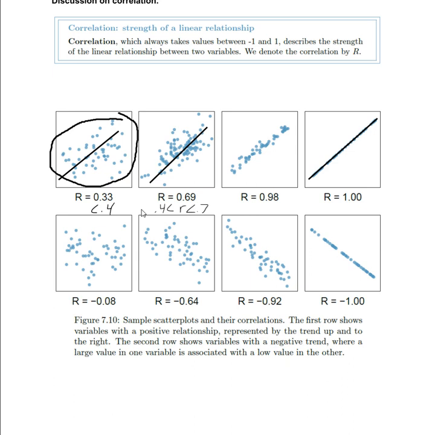It's moderate, it's good. But if it's above 0.7, like in this case, 0.98, then we say it is a strong correlation. So this is a weak correlation, this is a good correlation, and this is a strong correlation.